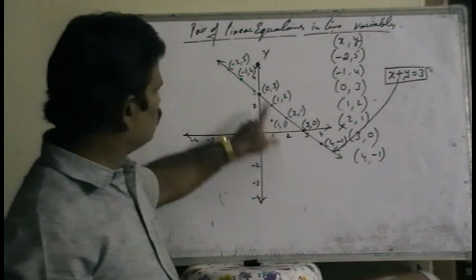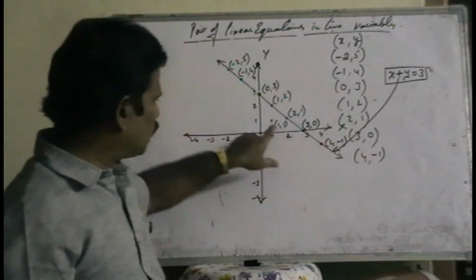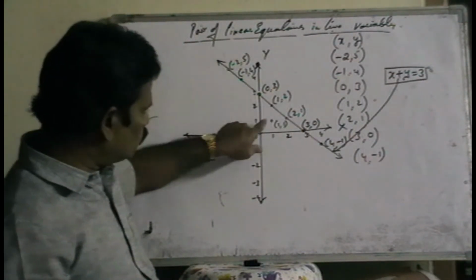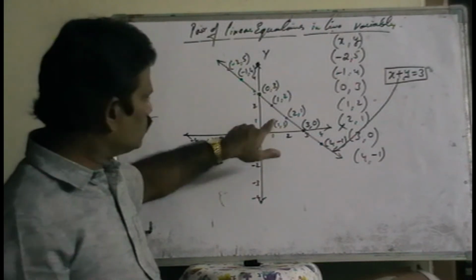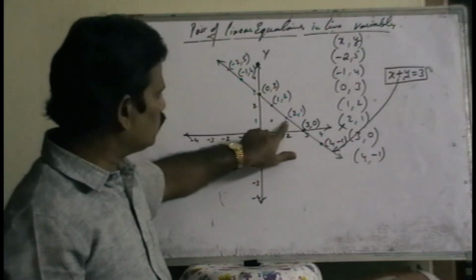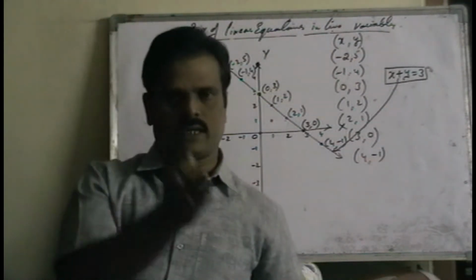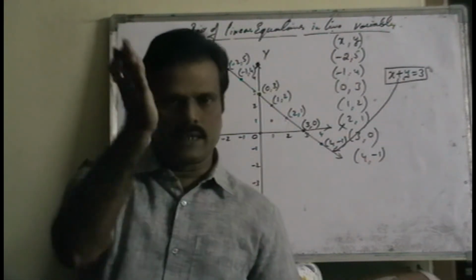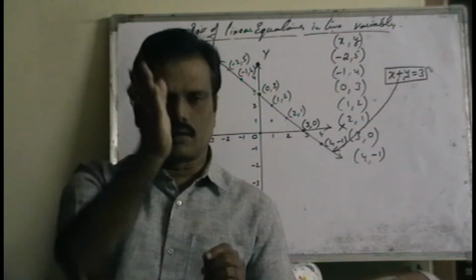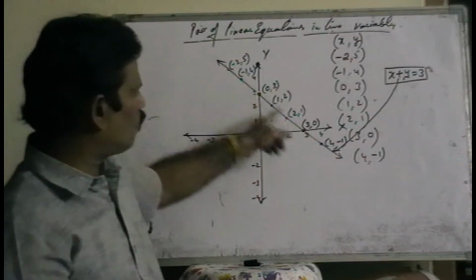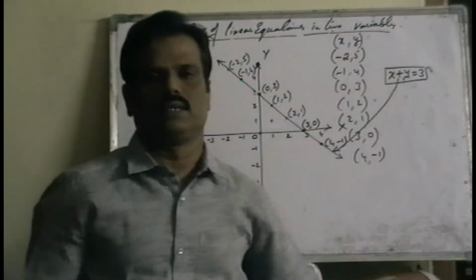Therefore that point does not lie on that line, otherwise the line does not pass through that point, because it does not satisfy that equation. So a linear equation is nothing but a straight line equation. It is a combination of points which satisfy a common condition, and that is called a linear equation.